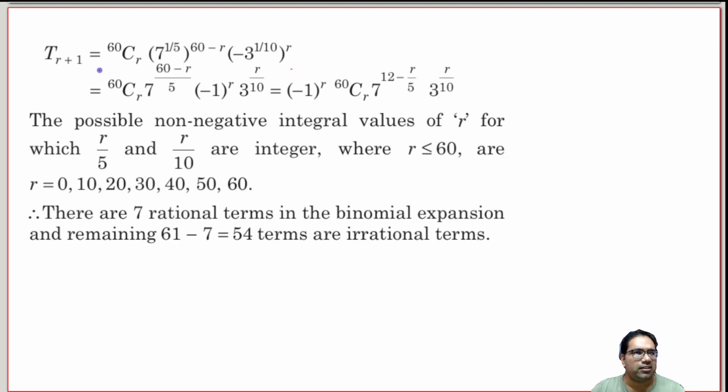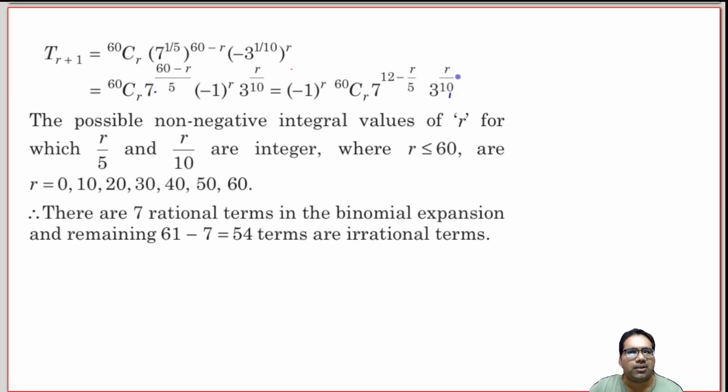So it looks like this. The T(r+1) term is 60Cr (7^(1/5))^(60−r) (−3^(1/10))^r, which is nothing but 7^((60−r)/5) and (−1)^r, because we bring the minus 1 outside, and 3^(r/10).